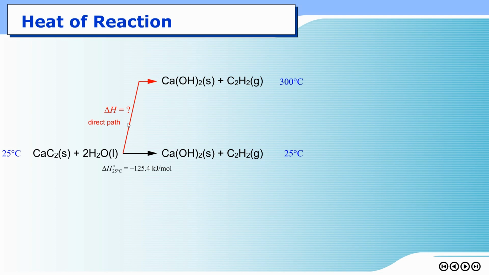Alright? The point is, the number 125.4 at 25 degrees Celsius and 1 bar is the standard value that can be obtained from many textbooks, that can be calculated. The way we calculate it will be explained at the end of this lecture.